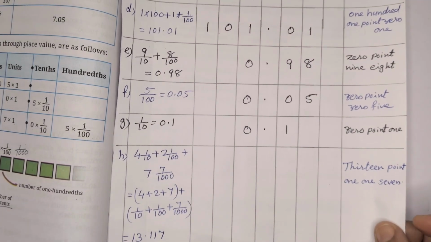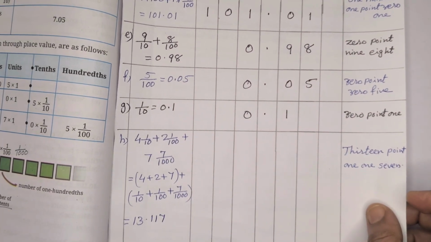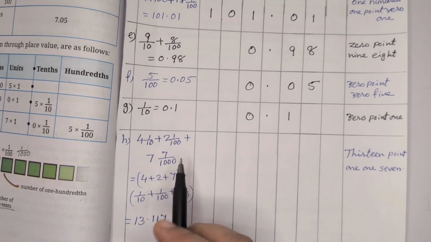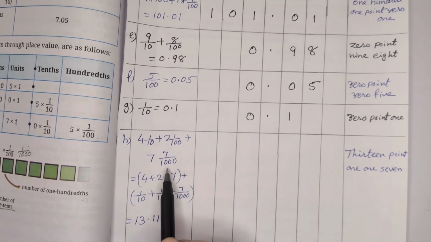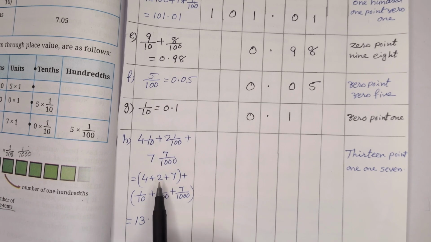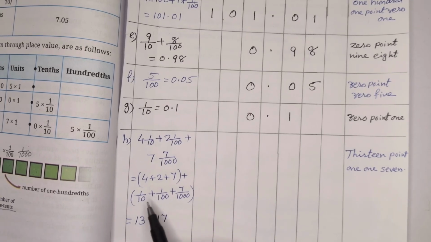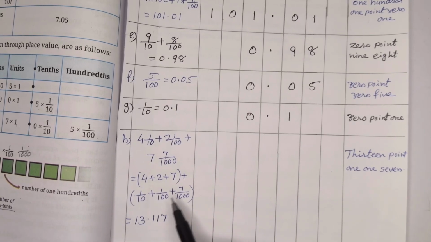Next is, first we have to write that 4 and 1 by 10, that plus 2, 1 by 100 plus 7 and 7 by 1000. When we are adding the whole numbers, 4 plus 2 plus 7, we are getting that as 13. And the fractions 1 by 10, 1 by 100, 7 by 1000. So tenth place 1, hundredth place 1, thousandth place 7.